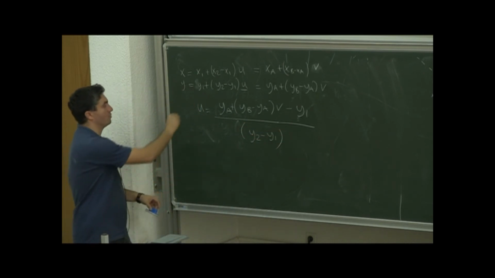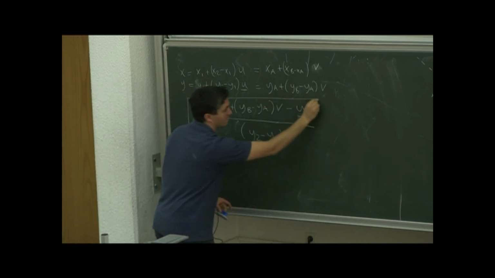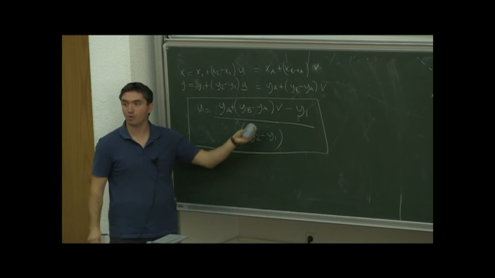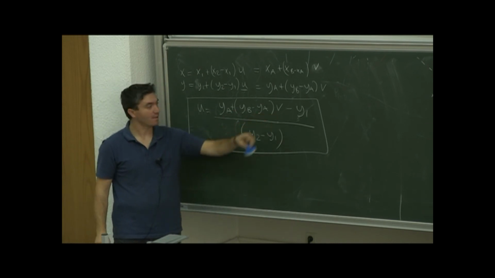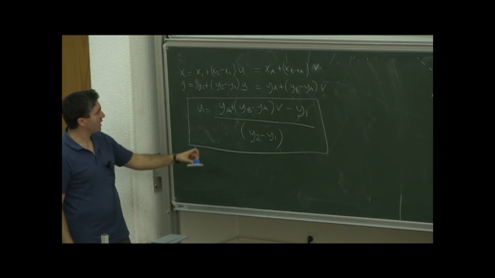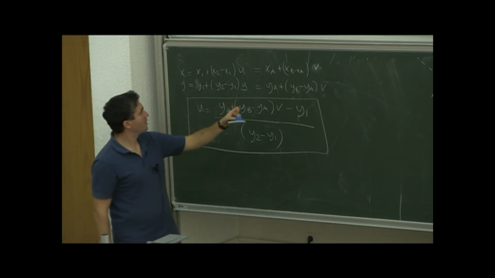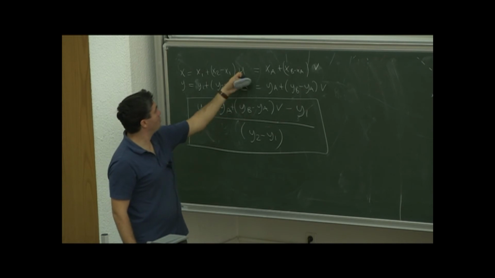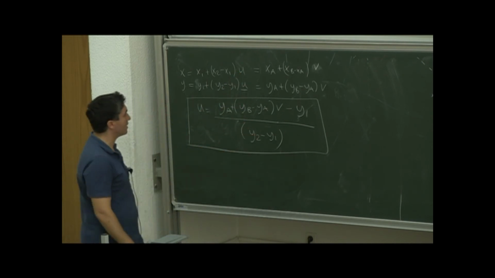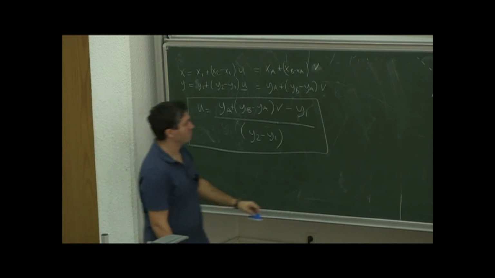Okay, so this is u, right? u in terms of the known parameters and v. And then what I can do is write this instead of this u here.